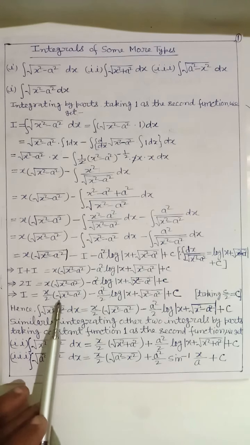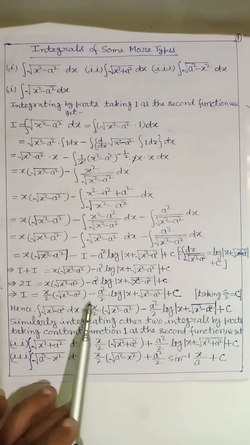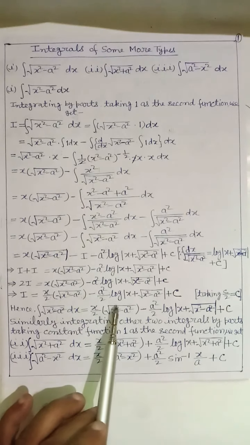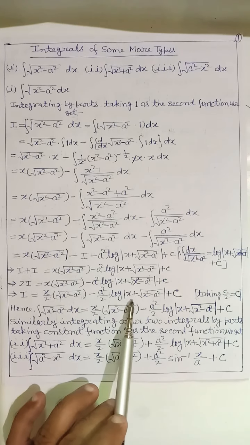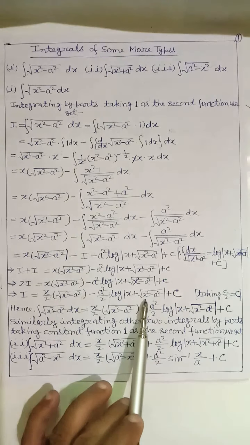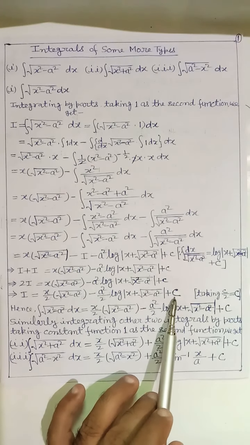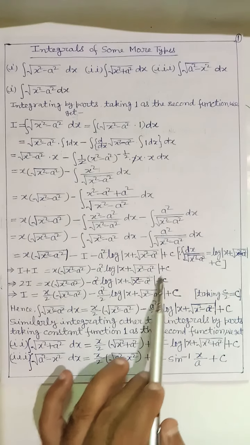x by 2 into square root of x square minus a square, minus a square by 2 log of mod x plus square root of x square minus a square plus c. Dear students, here this is small c.